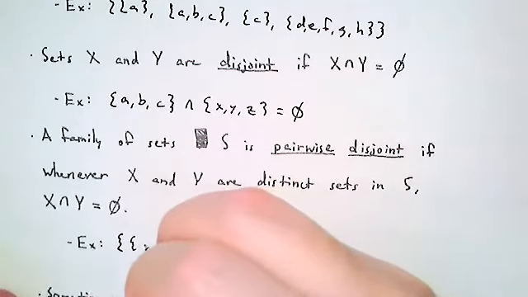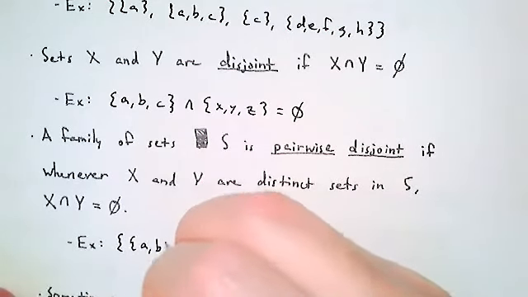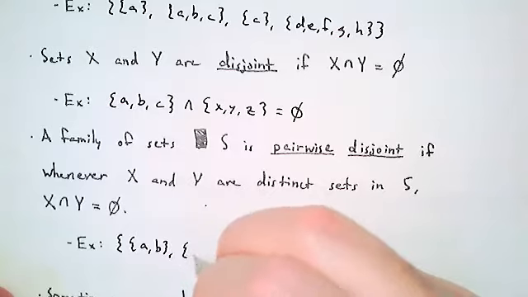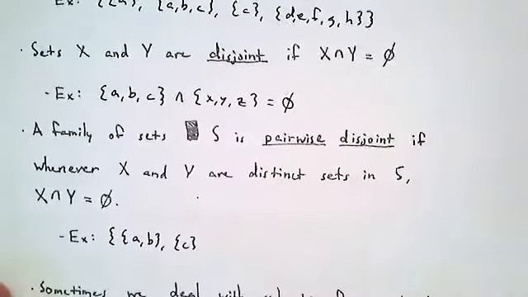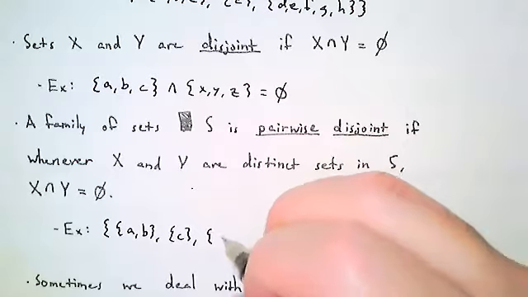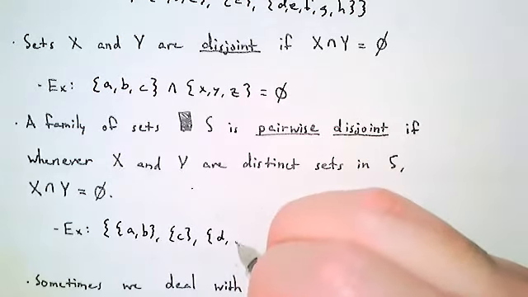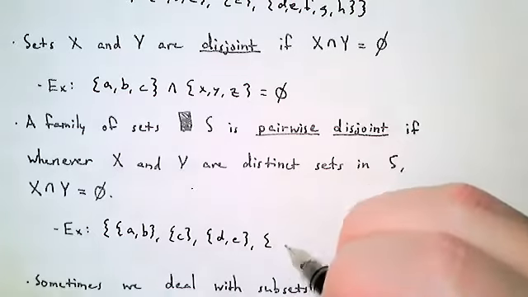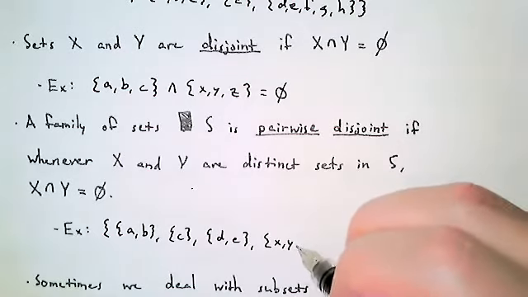So I need a family of sets if I'm looking for an example, and they can't share any elements in common if they're going to be pairwise disjoint.